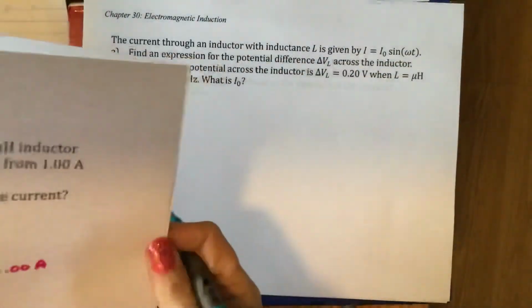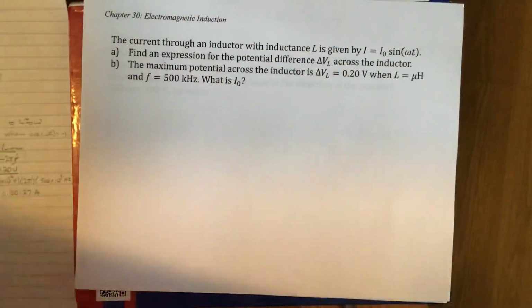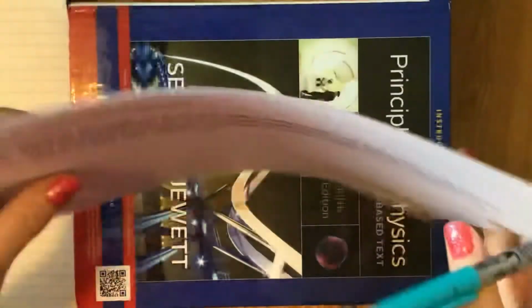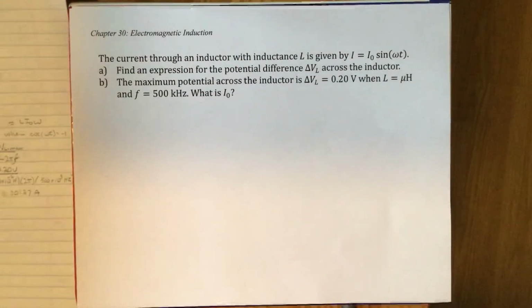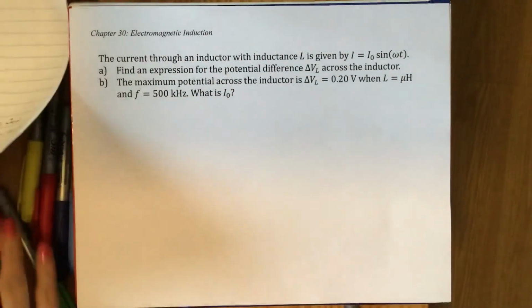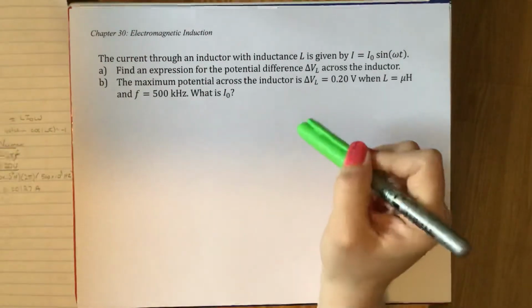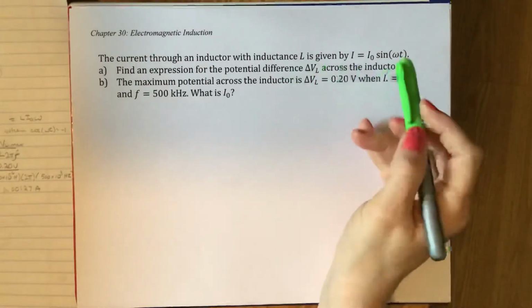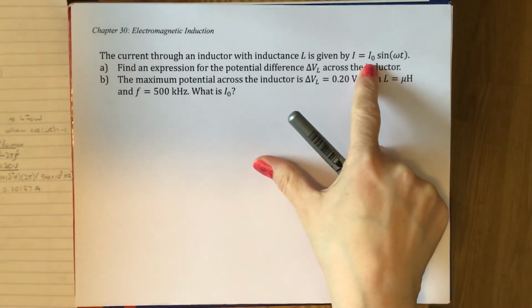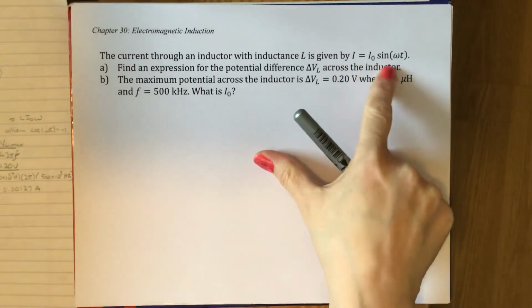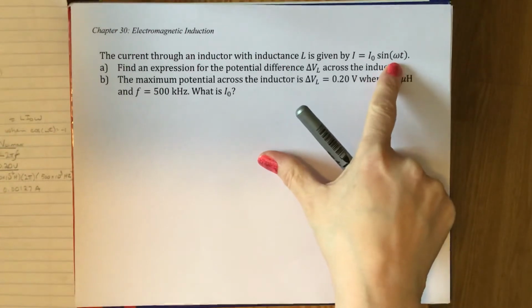Okay, let's do another example before we quit this video. Let's say that the current through an inductor is given by a function, so it's a little different from the previous example. The current through an inductor with inductance L is given by current equals some maximum value, I0, times sine of omega t.